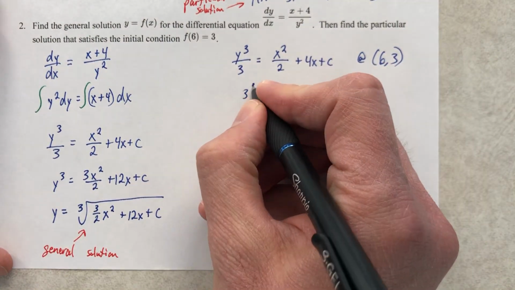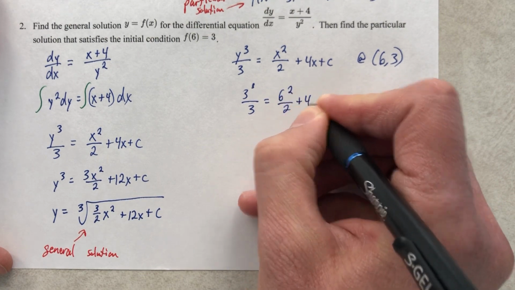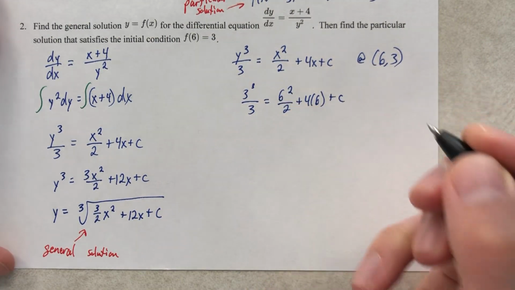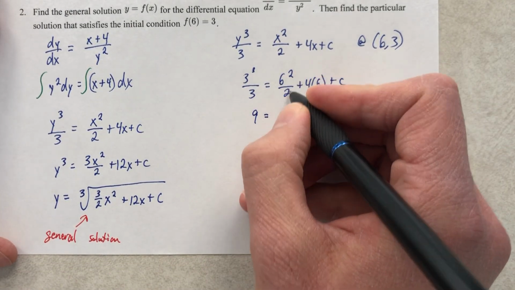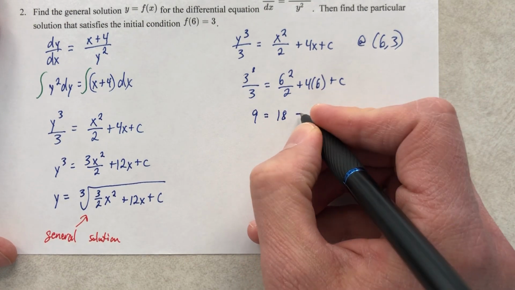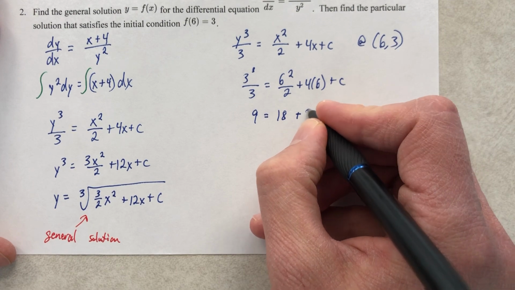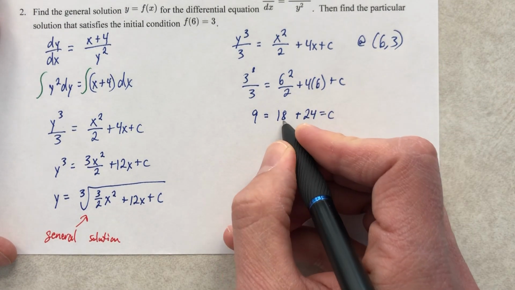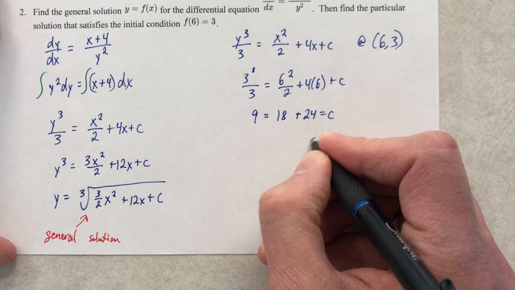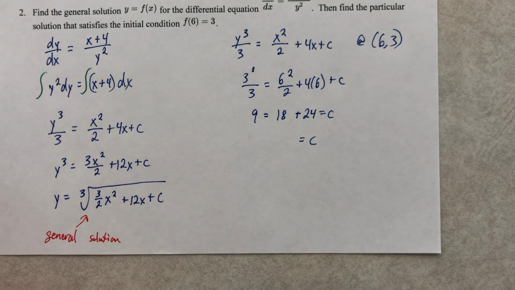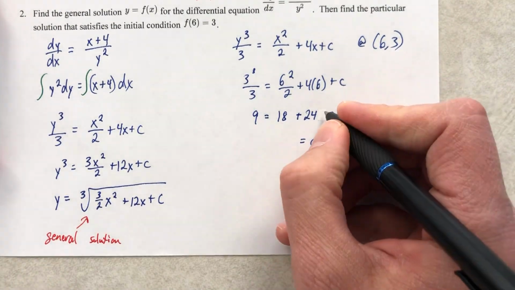So 3 cubed over 3, too many 3's over there, equals 6 squared over 2 plus 4 times 6 plus c. And then I'll have, that's 27 over 3, so 9 equals 36 over 2, so 18, plus 24, plus c.